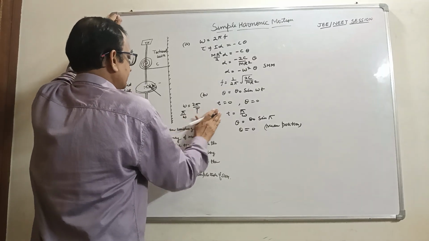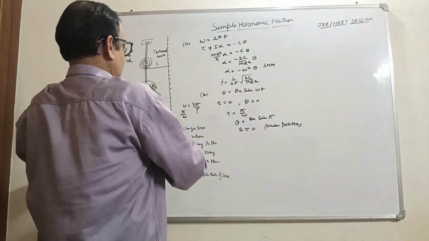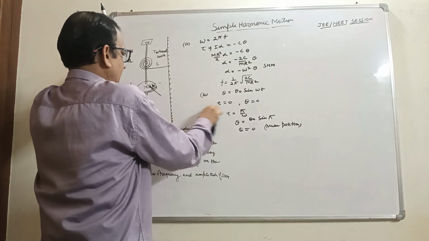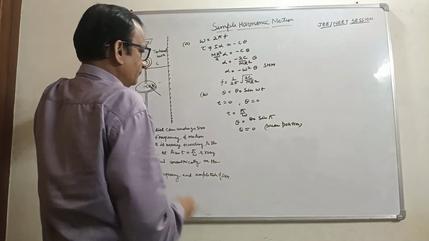So the disk is doing SHM, and after T by 2 time, this position becomes the mean position.